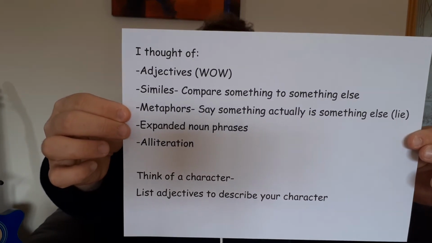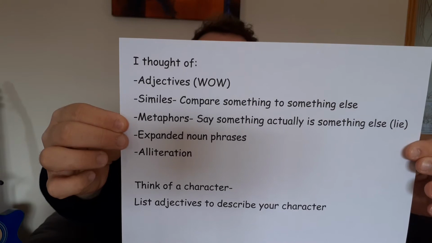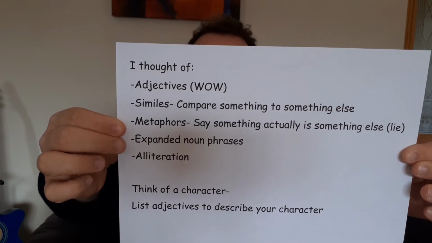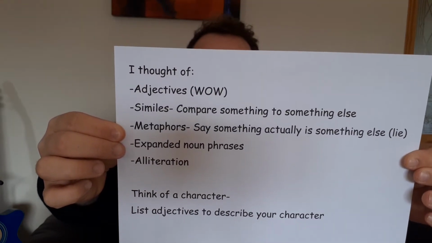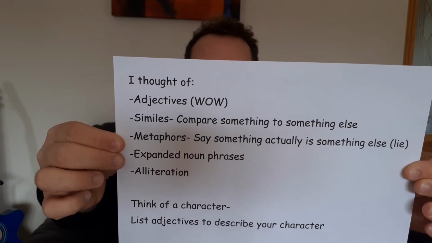So I've thought of adjectives, similes, metaphors, expanded noun phrases, alliteration. I haven't mentioned verbs. I haven't mentioned adverbs. Because verbs describe actions, and I don't want to focus on actions. I'm focusing on the use of descriptive language.